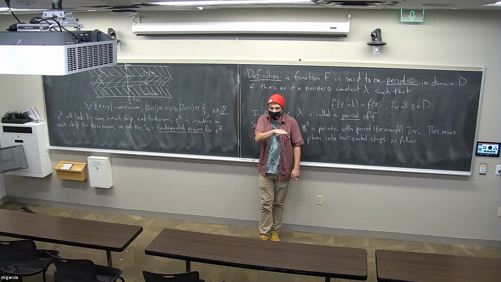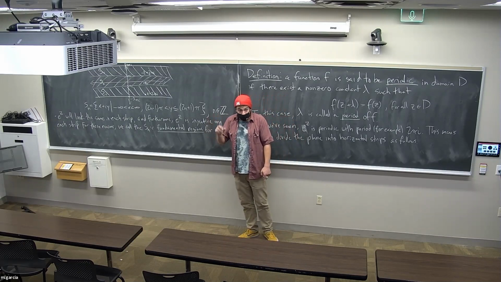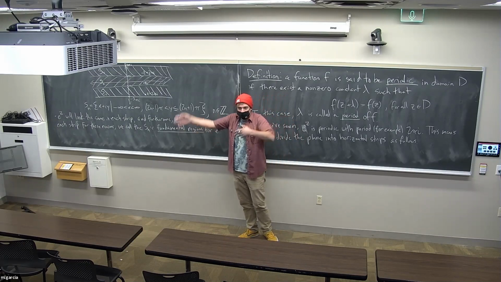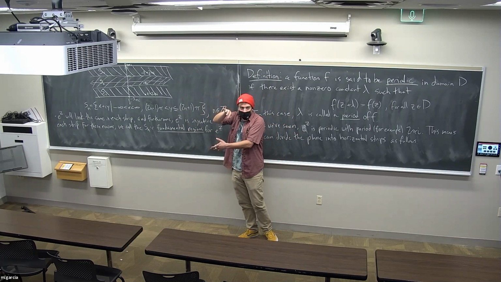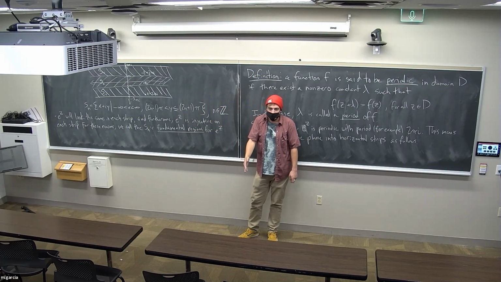For every horizontal line you can draw, does it hit the graph no more than one time? If that's the case, then you can reflect it about the line y equals x and get a function that passes the vertical line test.